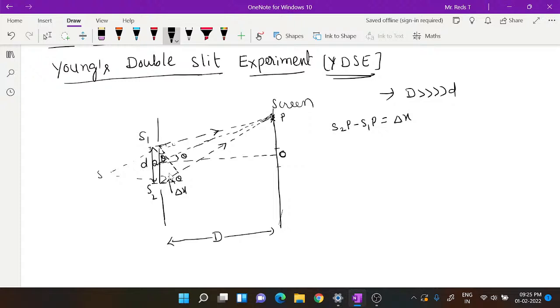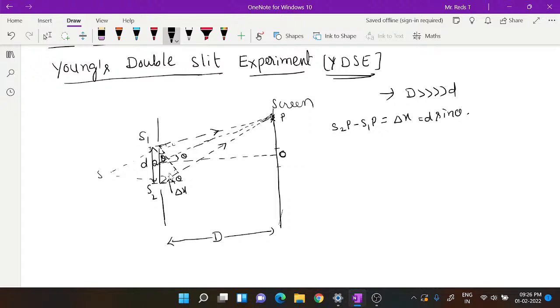This is d, making an angle theta with this line, and this is 90 degrees. For this angle, this side is opposite and this side is adjacent. If you resolve d, you get d cos theta and d sin theta. So delta x is equal to d sin theta.